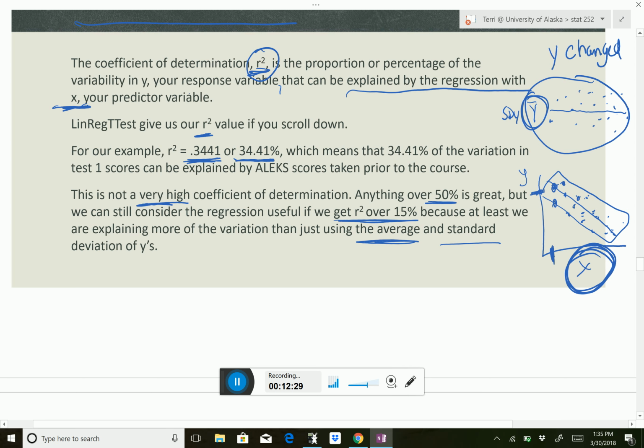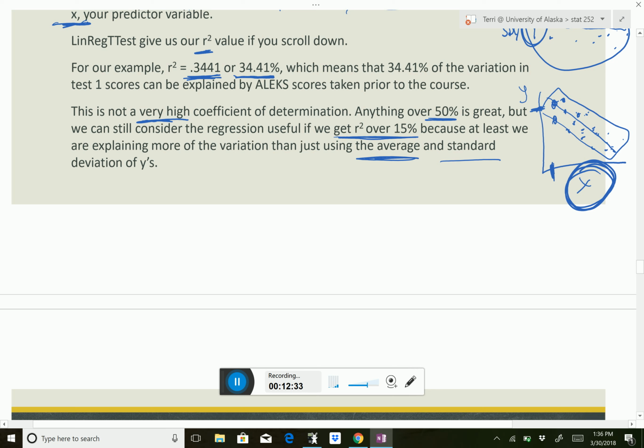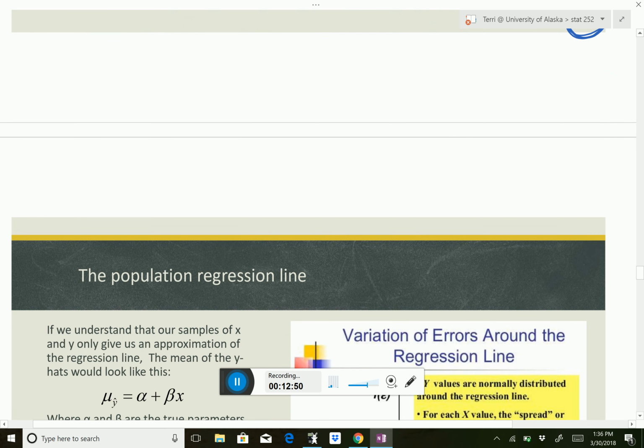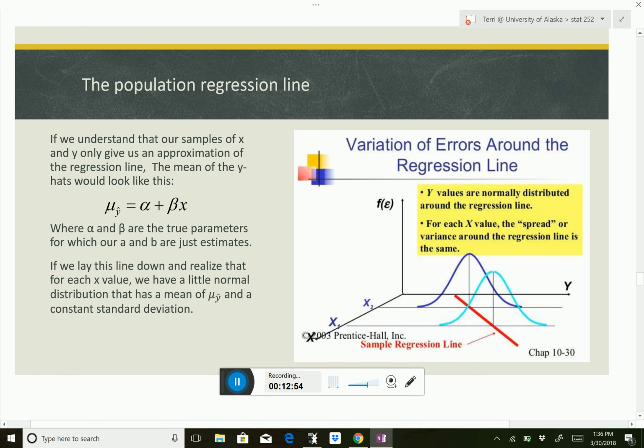So it is somewhat useful. And I can't give you a table saying, well, this is extremely useful and this is sort of useful. It depends on what you're doing, and it depends on some other factors in your analysis, whether you would eventually call the regression useful. And then, so next time we're going to talk about the population regression line.